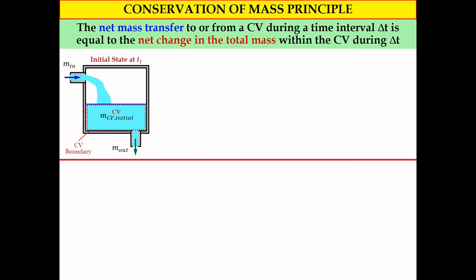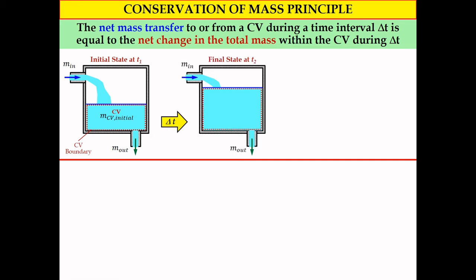We have one mass in at the inlet and one mass out at the outlet. The mass of the control volume we consider as m_CV for the initial state. After a certain period of time, delta t, we have the final state at time number 2. Still we have continuous mass into the tank at the inlet and mass out from the tank at the outlet, and we have a new value of m_CV for the final state.